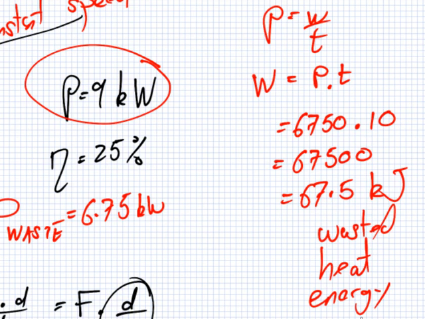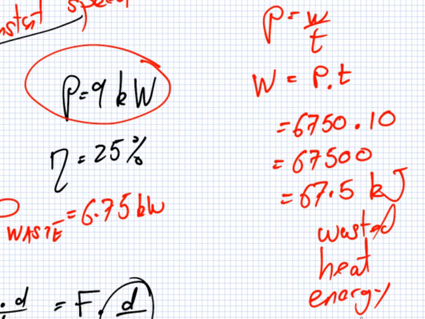Like, what needs to take place now? The question was how much energy was wasted during the 10 seconds of motion up the hill. So I just did 9 minus 2.25 to get the wasted power, and then power is work over time. This is the total wasted power for the first 10 seconds.